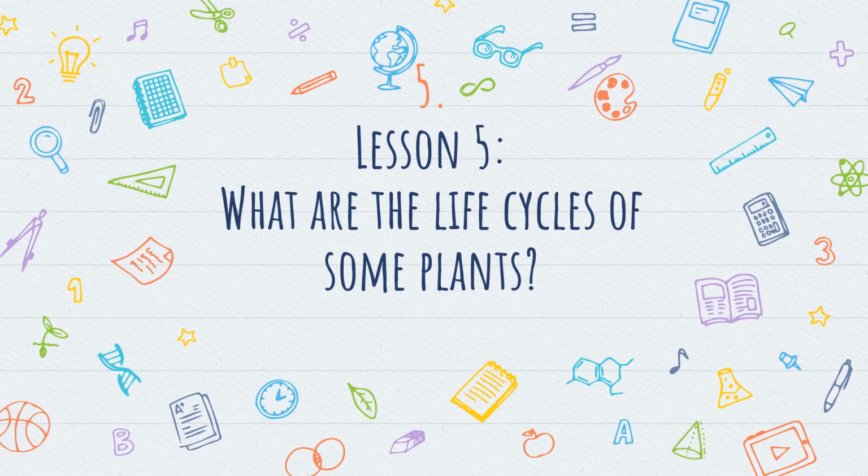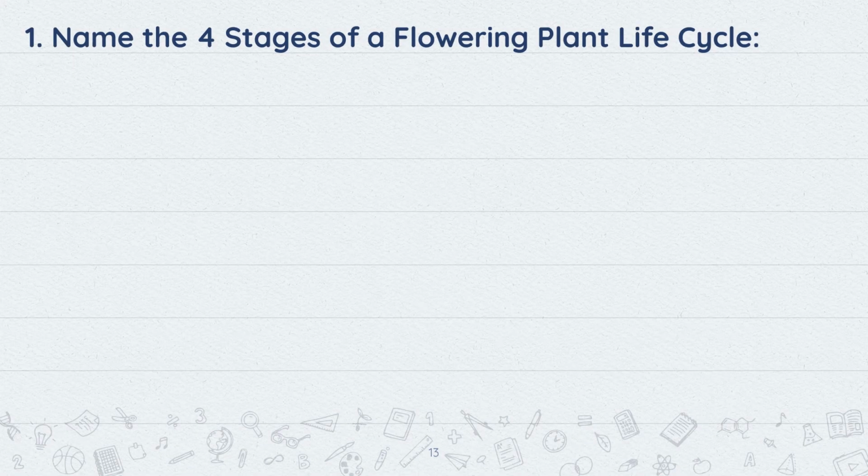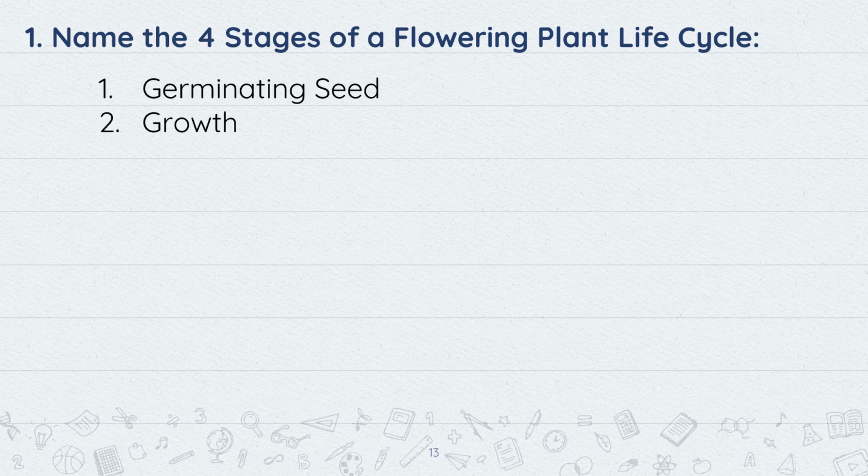Great. And in the last lesson, what are the life cycles of some plants? Do you remember? Can we name the 4 stages of a flowering plant life cycle? Germinating state, yes.